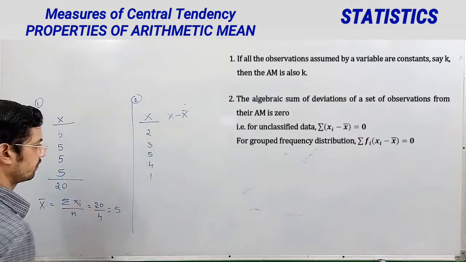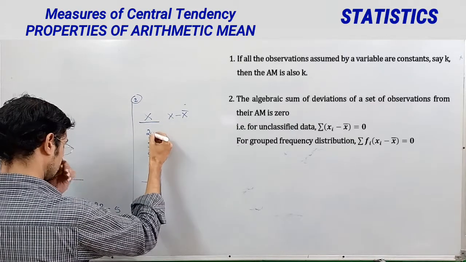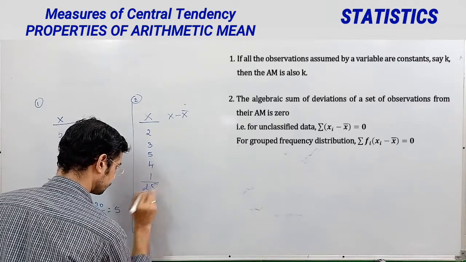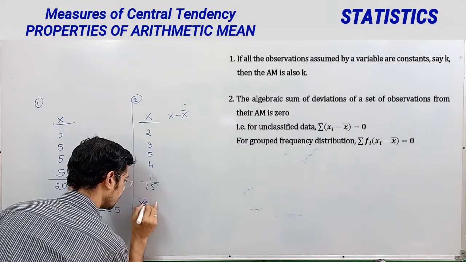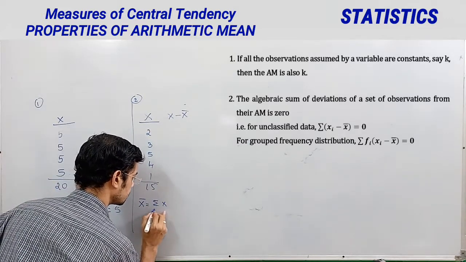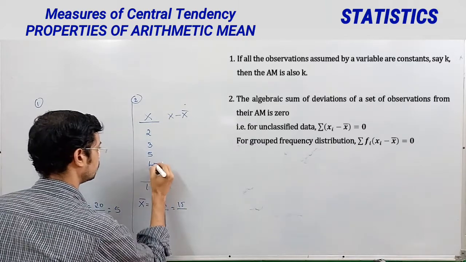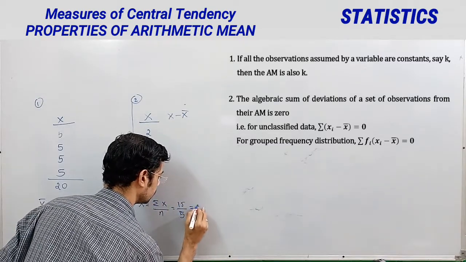So what is x bar? We need to find x bar. 2 plus 3 is 5, 5 plus 5 is 10, and this is 15. Now find the mean. X bar equals sigma x divided by n, which is 15 by 5. So the mean is equal to 3.